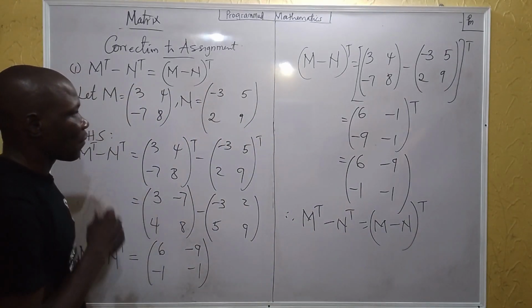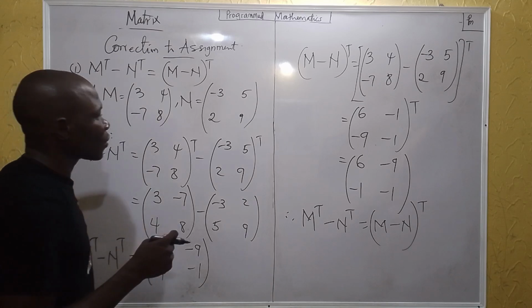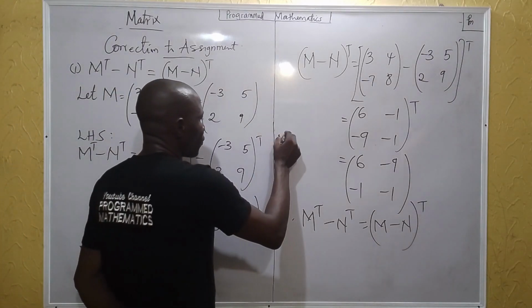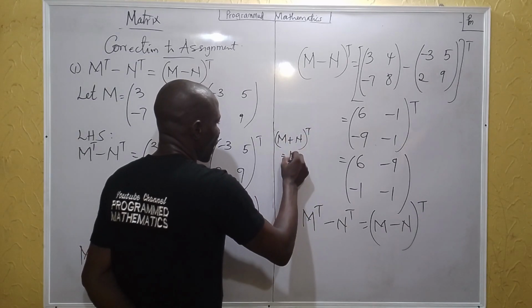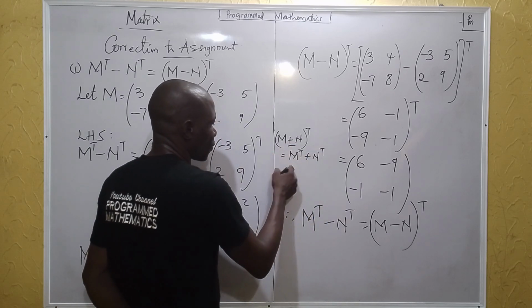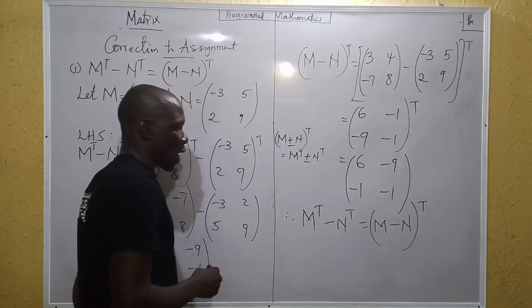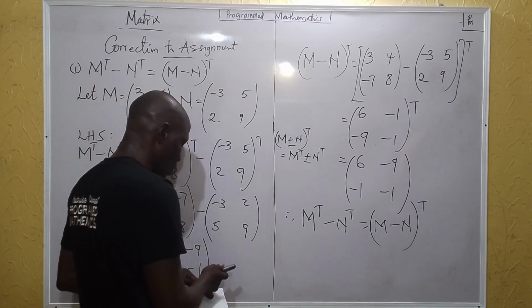Okay, so that's the first question. What that tells us is that M plus N transpose is the same as M transpose plus N transpose. So if what you have is minus, then this also will be minus. So that's for the first question.